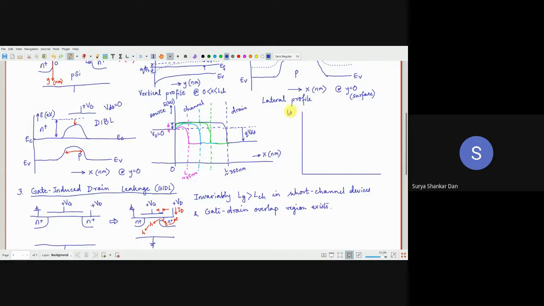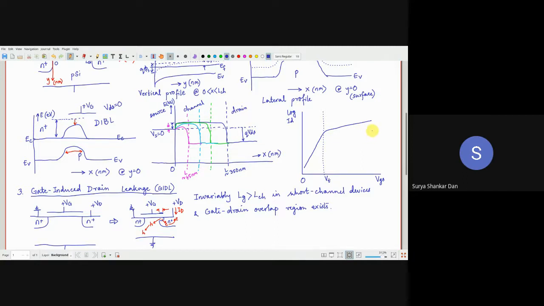So this is our log ID. Okay, and what was this? This was VGS. So if this is your VT, this is 0. What we know is that this is the characteristics.